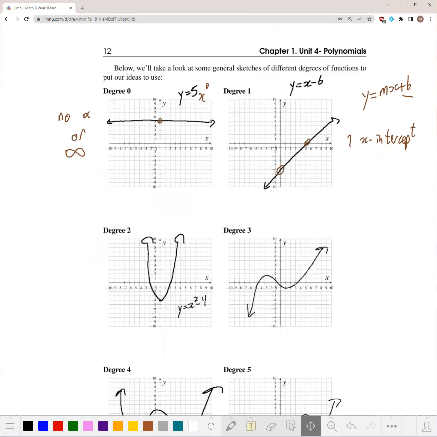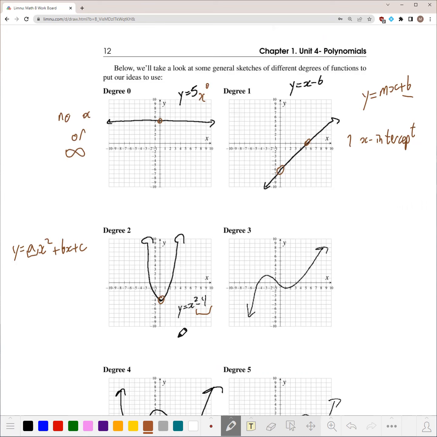Here's another one. I've got y equals x squared minus 4, and then I just started scribbling. For x squared minus 4, we know we have the one y-intercept, and that's equal to our constant value. So if we think about this as y equals ax squared plus bx plus c, then our y-intercept is just a constant, and our a value is a big deal in determining which way our graph is going to go.